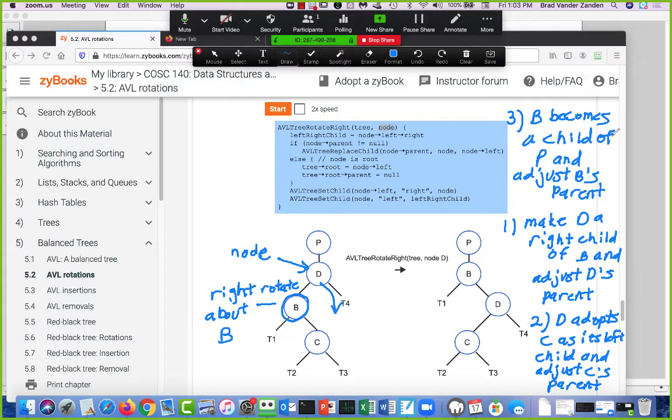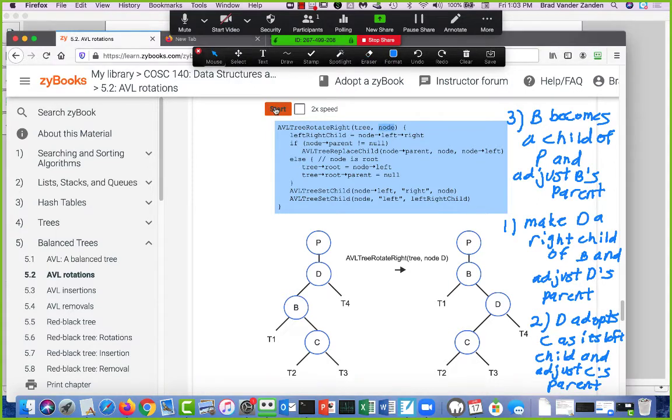So we can now go ahead and run the animation. So I'm going to get rid of this part. And we start. So up here you can see the start, and the first thing we do is notice that node points to D, and we need to get a pointer to C down here.